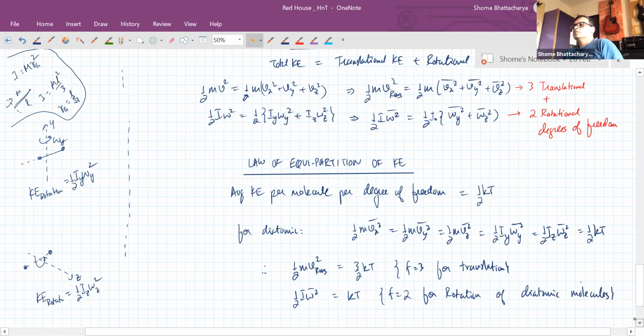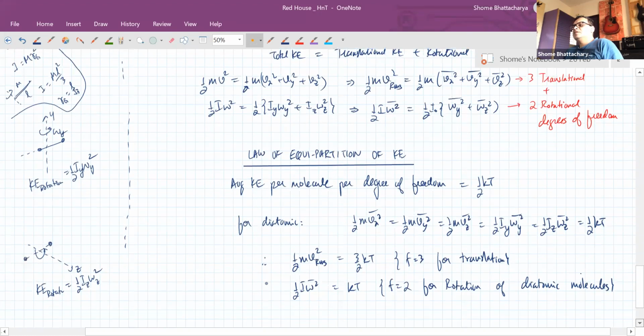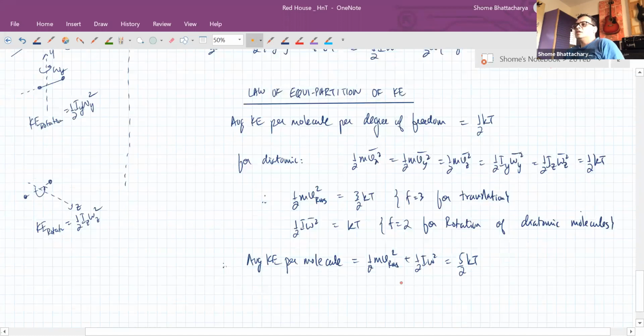And therefore, the average kinetic energy per molecule, which is this thing, becomes 5 by 2 kT because the translational kinetic energy has 3 degrees of freedom and the rotational kinetic energy has 2 degrees of freedom.